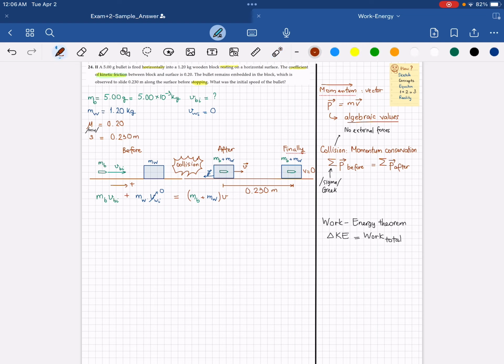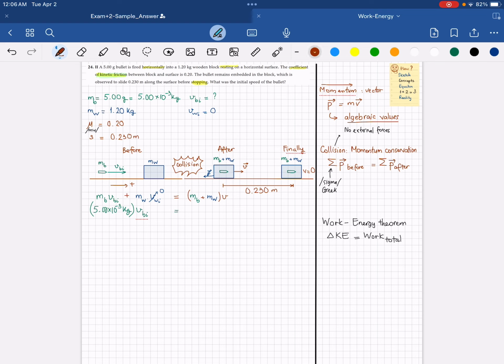Anyway, here we would have this one. We know this one already: 0 times minus 3 kilograms. Do we know the initial velocity? We don't, so it's still something we need to solve. This one goes to zero, so just ignore it.